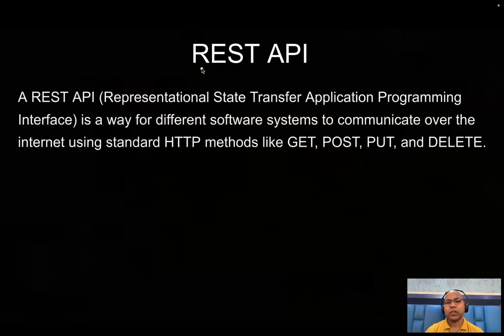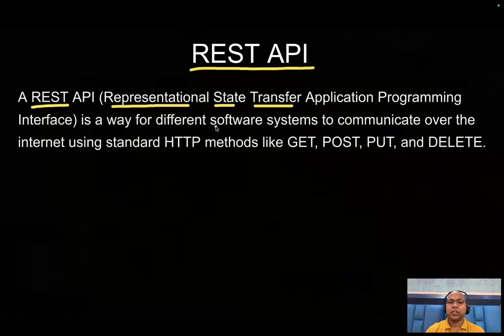So let's talk, very basically, about what REST is, and then think about how we can implement REST API in Python. REST stands for representational state transfer. That means for any object at a particular moment, what is the state?